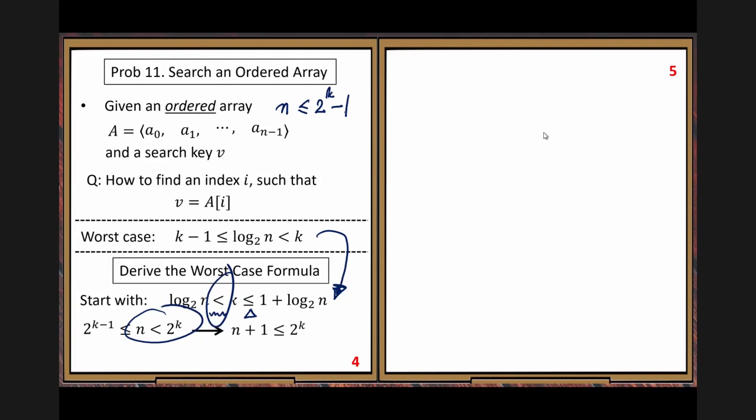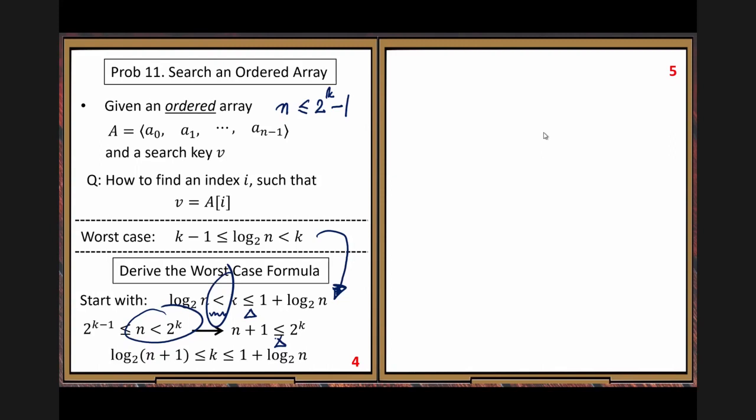Now, you can see n plus 1 is less than or equal to 2 to the k. After that, we have to include that equal sign. That's better. So now let's take log base 2 of both sides.